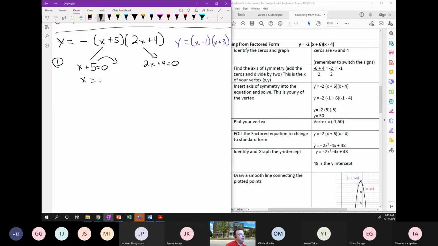So x equals -5. That's just a straight switch. But this one is going to be a little more complicated. We're going to move that over. It's going to be equal to -4. Then we have to divide by 2, divide by 2. So x equals -2. So our zeros are -5 and -2.